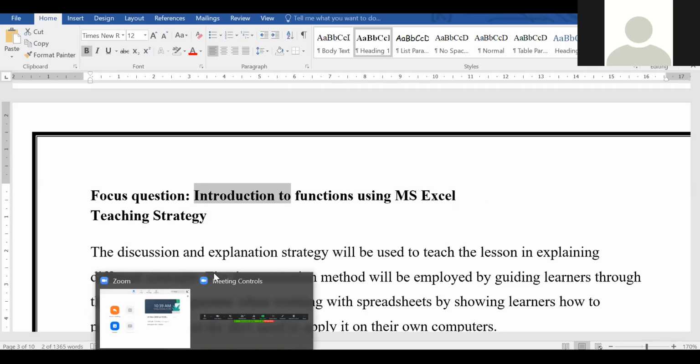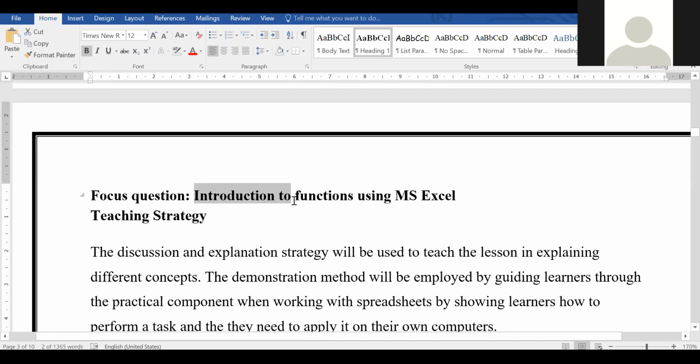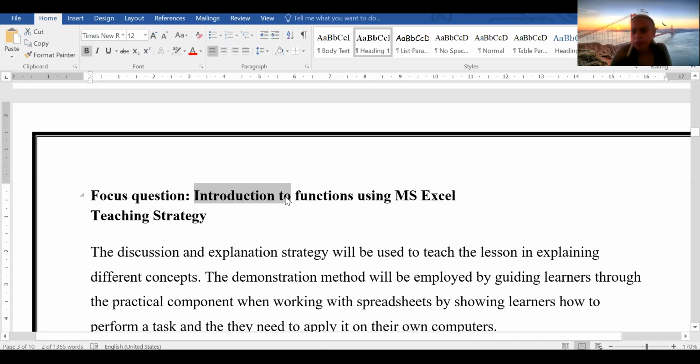Yes, doctor. Why am I using the word introduction, in my focus question, instead of just functions using MS Excel?